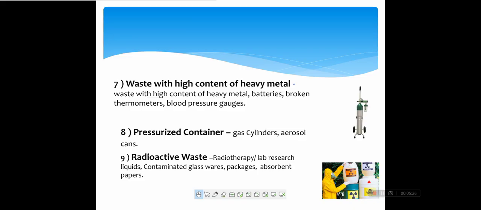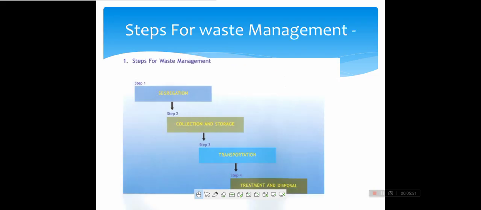It includes batteries, broken thermometers, and then we have pressurized containers, gas cylinders and aerosol cans. And the last category is radioactive waste. It includes lab research liquids and contaminated glassware, packages and absorbent papers.